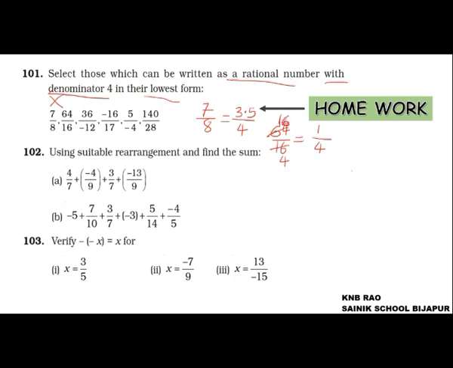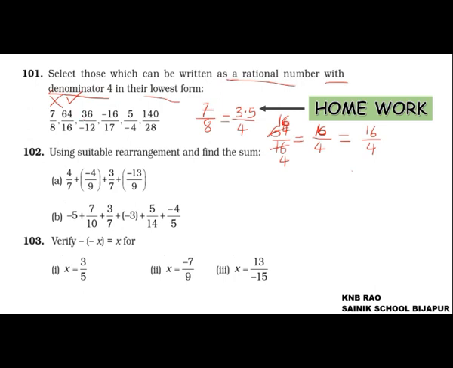This will give one least form of a rational number. Further, it can be simplified. So, 64 by 16 can be brought into the lowest form with the denominator 4.